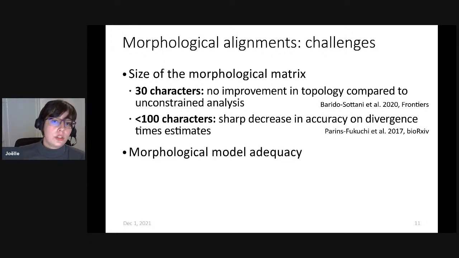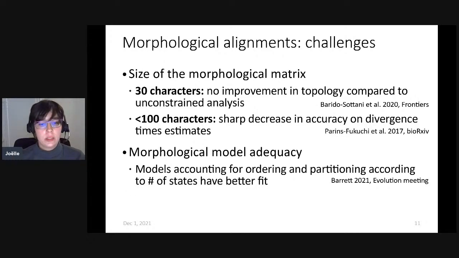The second challenge that comes with morphological alignments specifically is morphological model adequacy. As I said, there are extensions to the MK-Lewis model that attempt to account for a little bit more of the complexity that you see in morphological characters. And some people have found that models that account for ordering and partitioning according to the number of states in the alignment have better fit than models that don't do that.